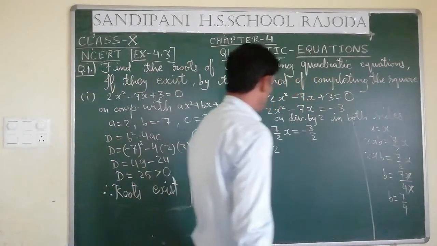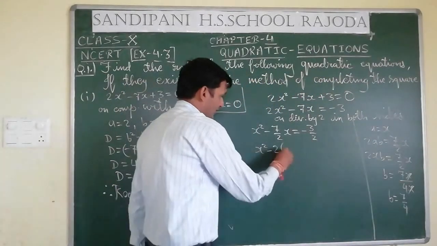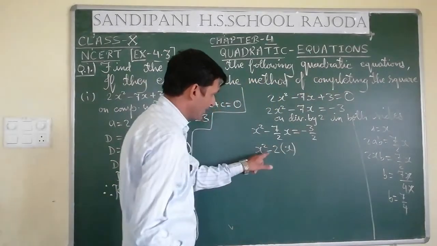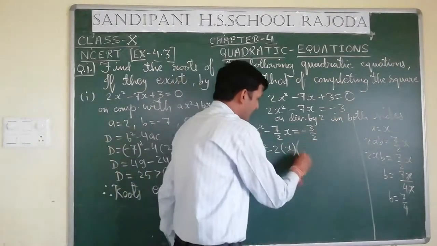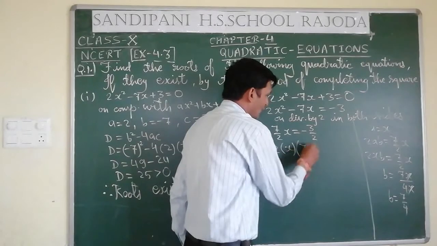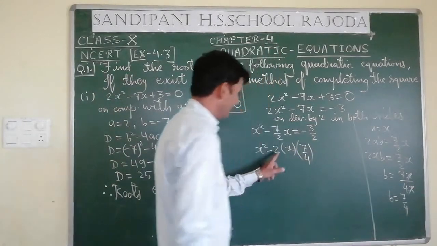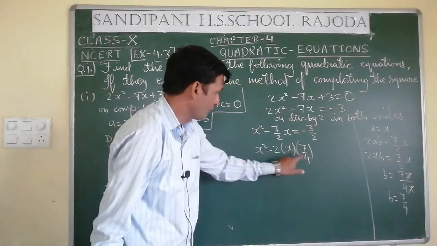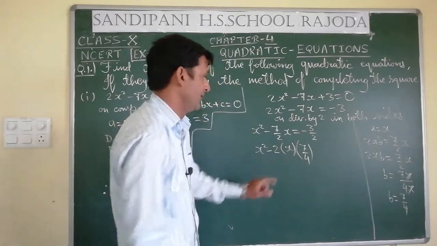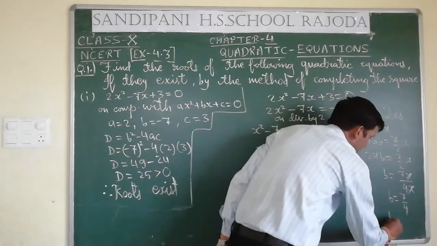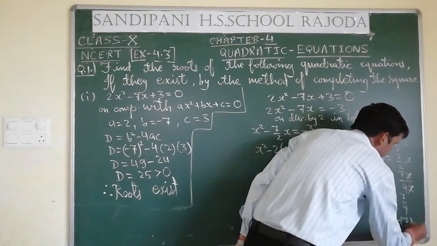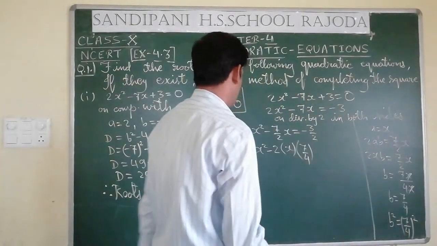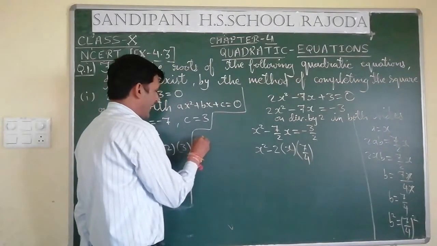So what we have to do? We have to make it a complete square. So for that, a square minus 2ab, the value of a is x and the value of b is 7 by 4. See here, 2 twos are 4, so it is 7 by 2 x only. b square is equal to (7 by 4) square. Means what we have to do?